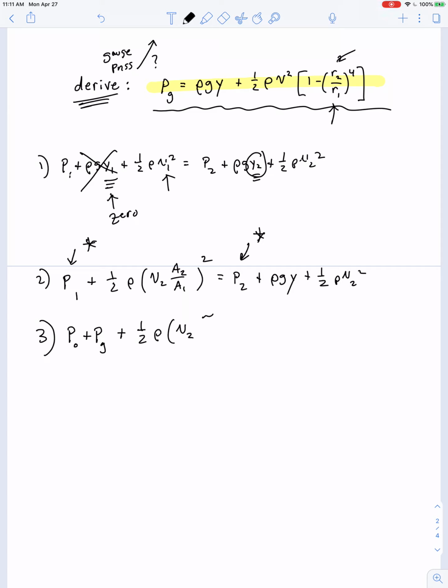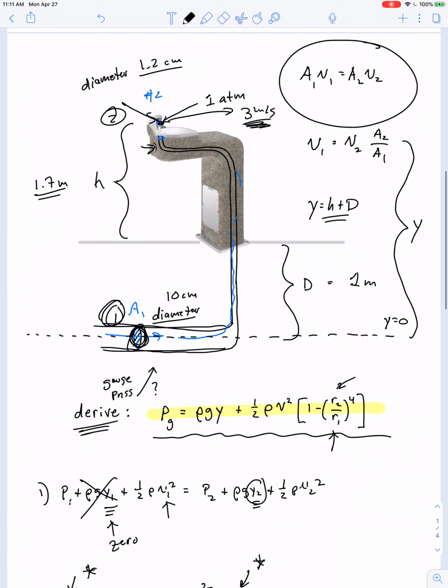Instead of area, let's call it pi r squared. So pi r2 squared over pi r1 squared, and all of this is squared, equals, okay, pressure at point number 2, it's just 1 atmosphere, and that's it.